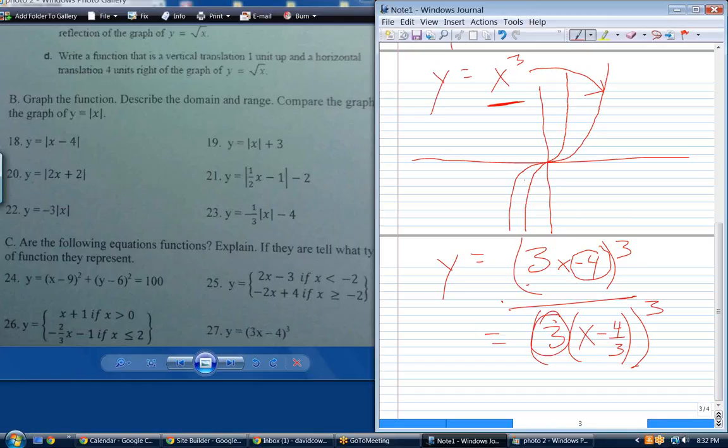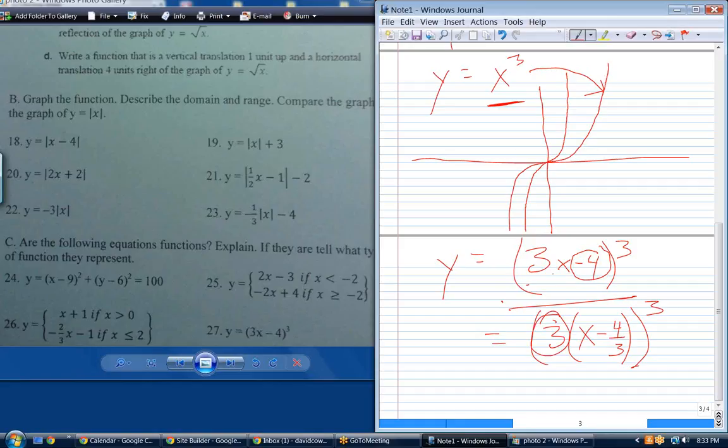And then if I wanted to draw y equals 3x cubed, or 3x minus 4/3 cubed, I would take this middle one here and translate it to the right by 4/3 unit. But you can tell that that's not going to change anything.